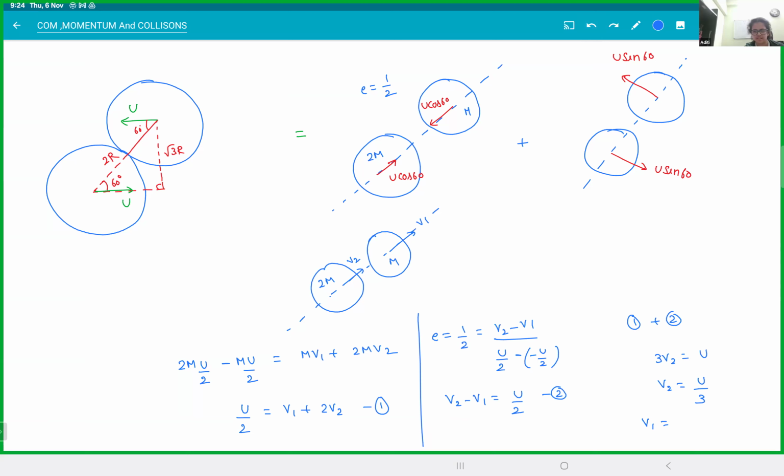No, you are right only. It was U1 minus U2. No, you are right. I goofed up. Because this is your U1, right? So U1 minus U2 will be minus U by 2 minus U by 2. So this will be minus. So when you add this, V2 is actually coming 0. V1 is U by 2.